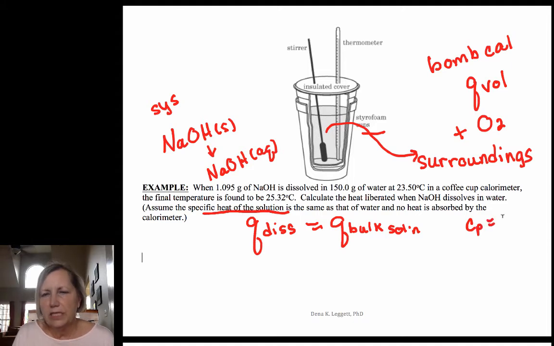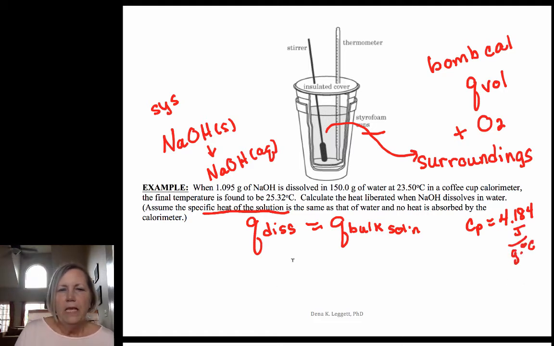And the heat capacity of water is 4.184 joules per gram degrees Celsius. Okay? So it's equal in magnitude, but this is important, opposite in sign.